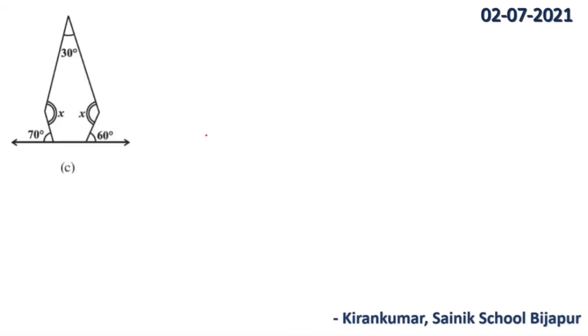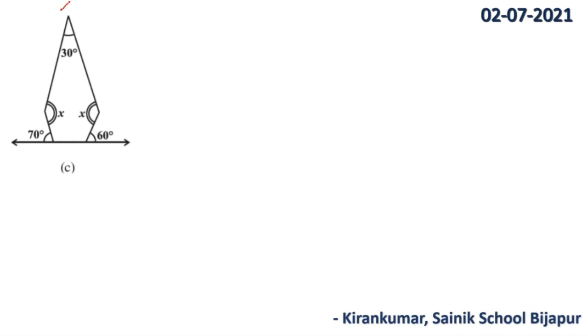Third one is a pentagon. It has got 5 sides. In this pentagon, they have given 2 of the angles which are exterior. So using the linear pair property, we can find the 2 interior angles.